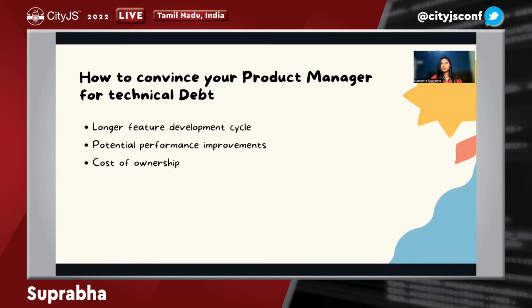Plus, if it is taking a lot of time, then maybe we can offer one more option: instead of taking the whole sprint or whole month, we can take a percentage of time in a sprint. For example, you can take 15 to 20% of the sprint to work on the technical debt, and the rest of the time you can work on the business part.